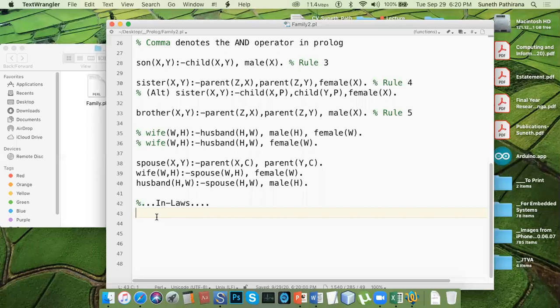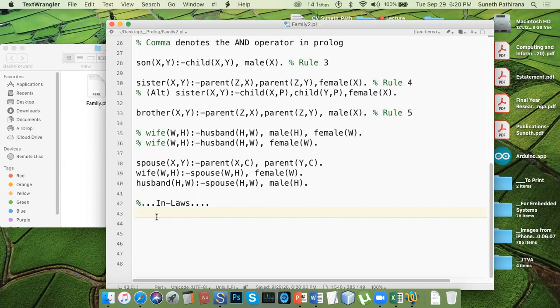They are not related to you by blood, that means they are not from the same pedigree or the same ancestors. But they establish a relationship after the marriage. That is why in-laws, married.